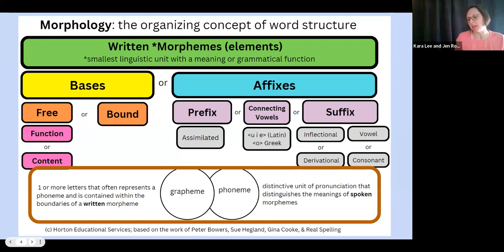This is the most recent, but I really like how I added this section about the two circles for phoneme and grapheme.